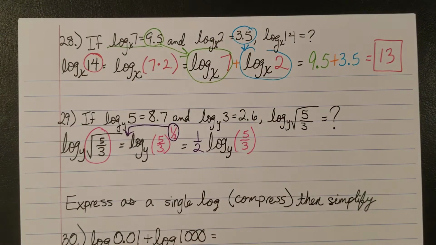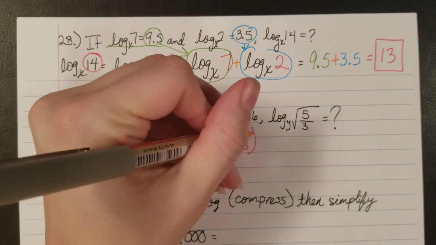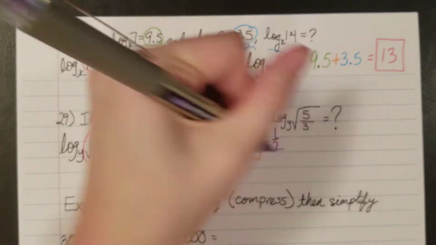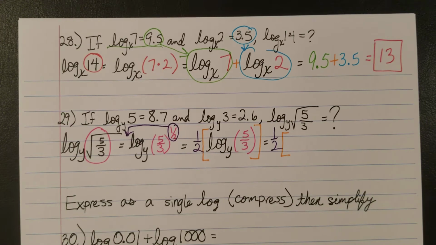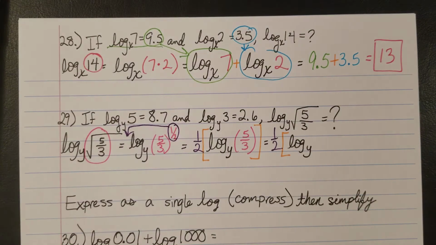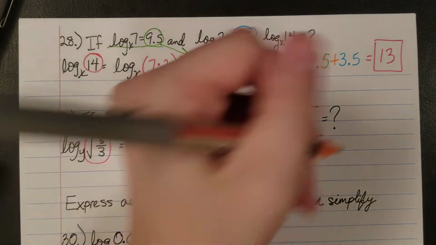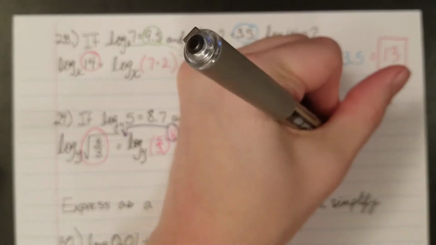And then we can go ahead and split that into a difference of logs. So we still have the 1/2 in the front. All right, and we need these brackets because we're now splitting this into multiple terms. So it's going to be log base y of 5 minus log base y of 3.